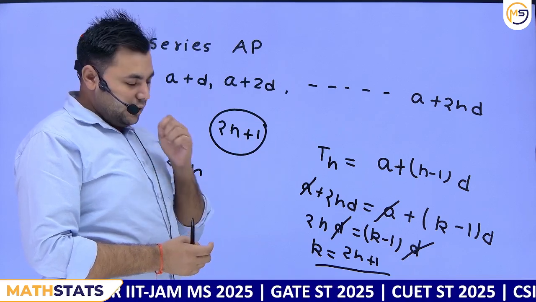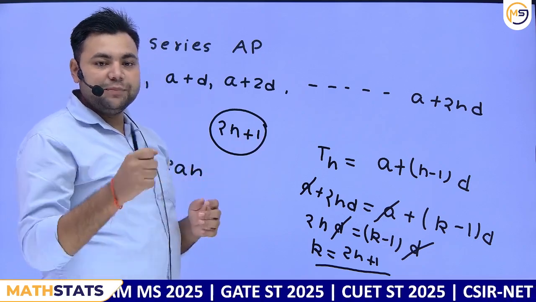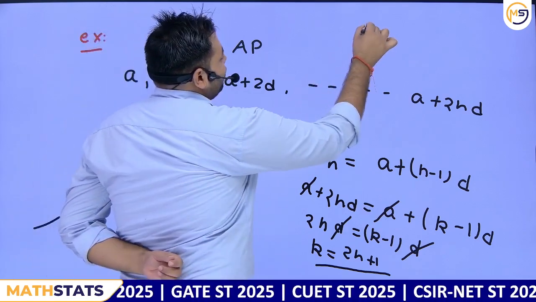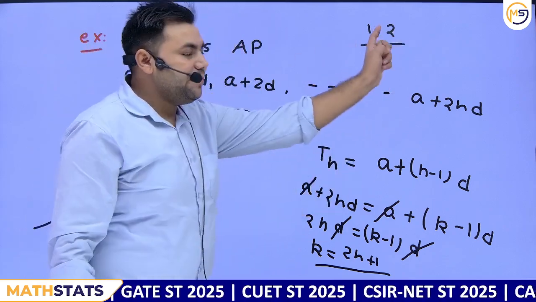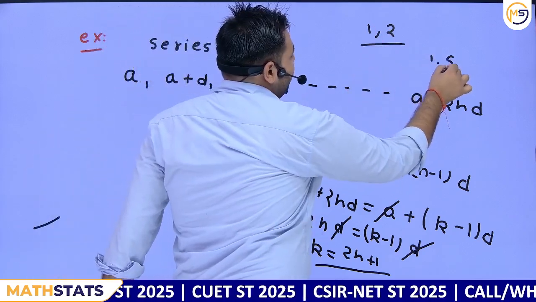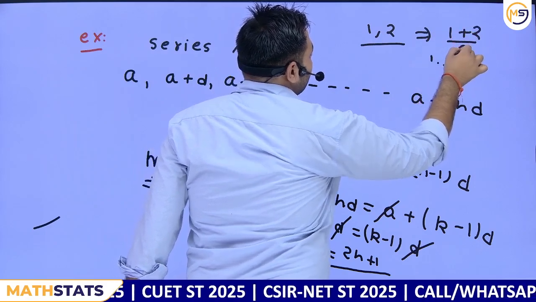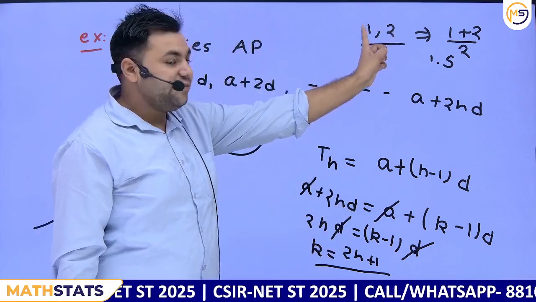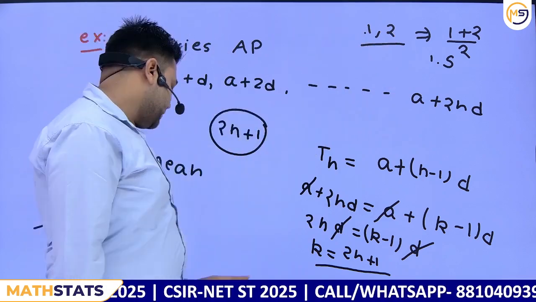When you think about the two numbers 1 and 2, what is the mean? 1 plus 2 by 2, which means 1.5. That is, adding the first and last number and dividing by 2. This is the mean of an AP series.